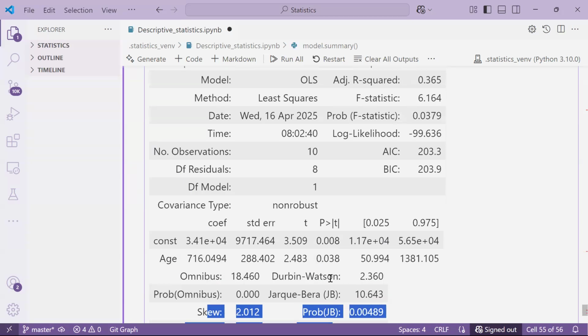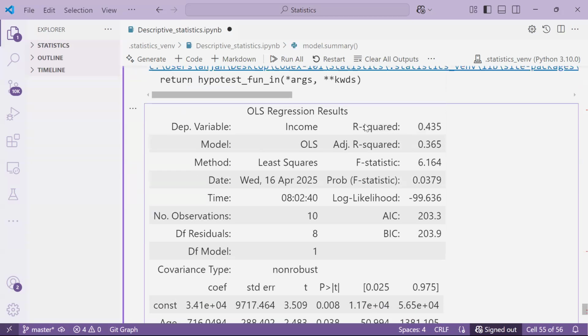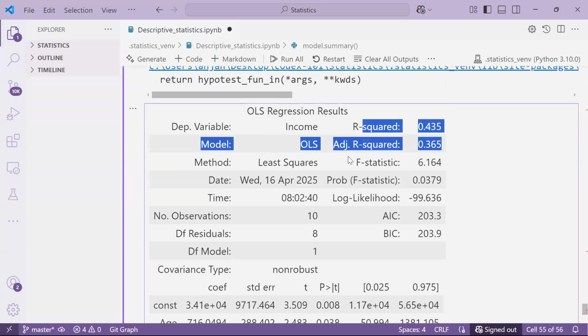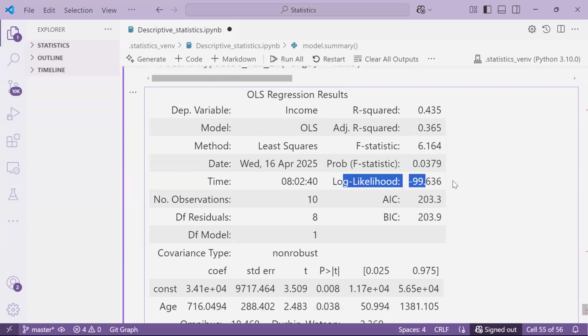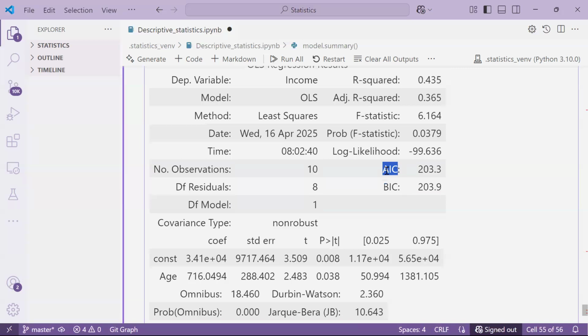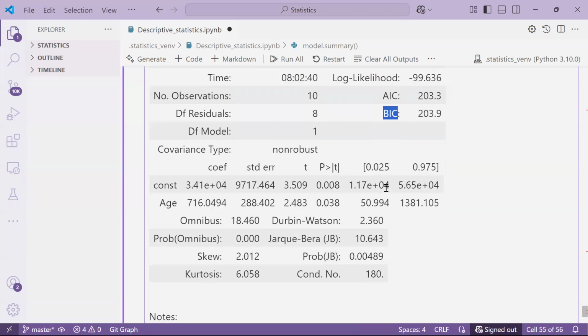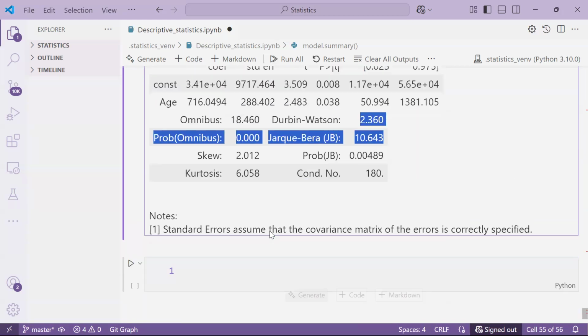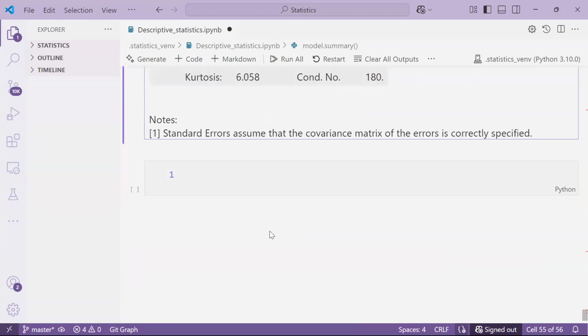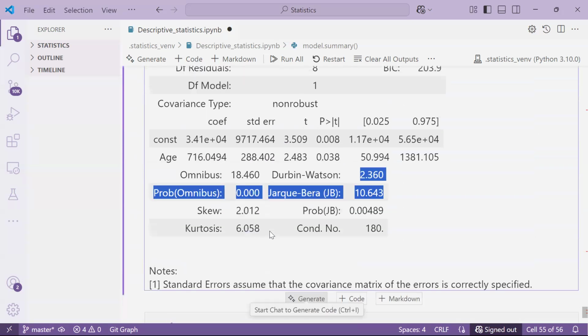And here we have the R square and adjusted R square, F statistic and probability of the F statistic, the log likelihood, and AIC and BIC values, the Akaike and Bayesian information criteria. Then Jarque-Bera and Durbin-Watson. These are all the OLS model description.